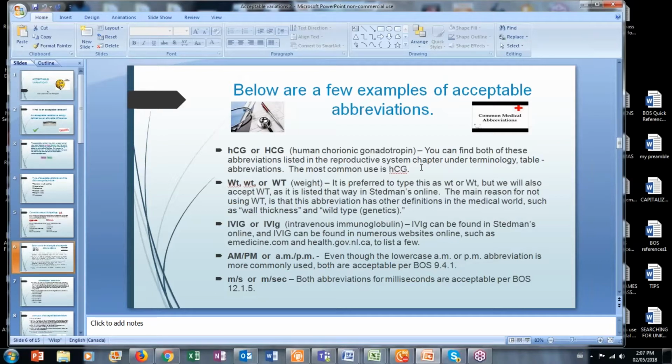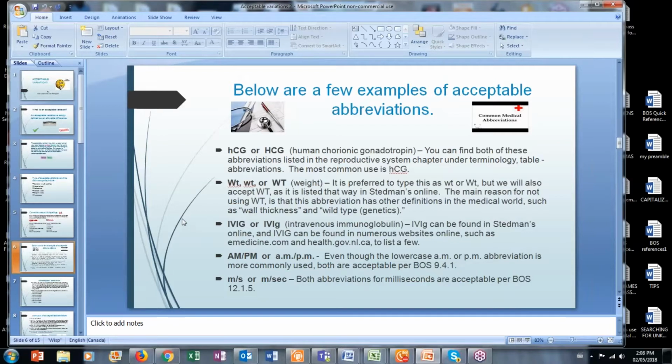For weight, you can use any one of these three: capital W and small t, or both lowercase, wt, or both uppercase, WT. It is preferred to type this as wt, all lowercase, unless, of course, it starts a sentence, then your uppercase W and lowercase t.